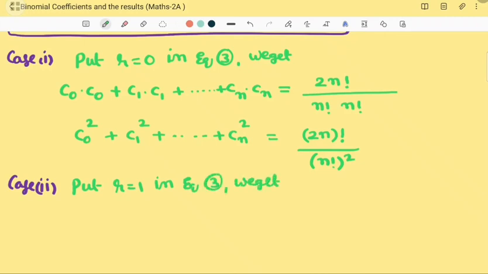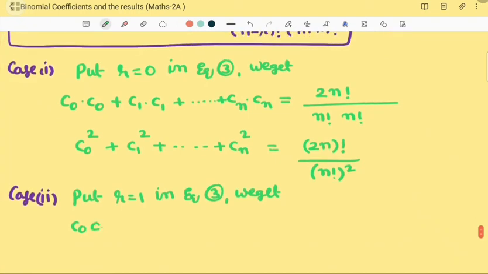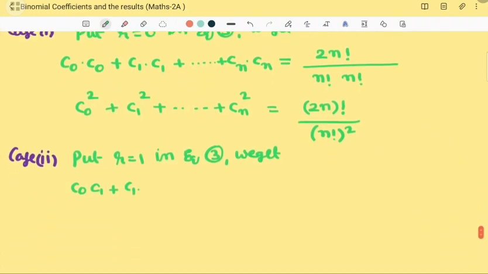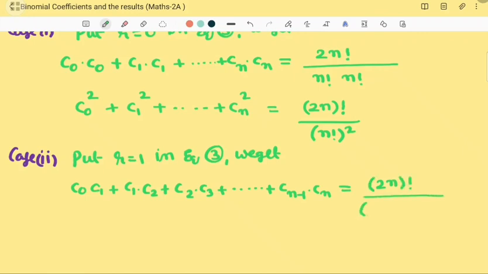We get C0 into C1 plus C1 into C2 plus C2 into C3 plus and so on, C(n-1) into Cn is equal to, if you substitute r equal to 1, 2n factorial by (n minus 1) factorial into (n plus 1) factorial. So the second result is also over.